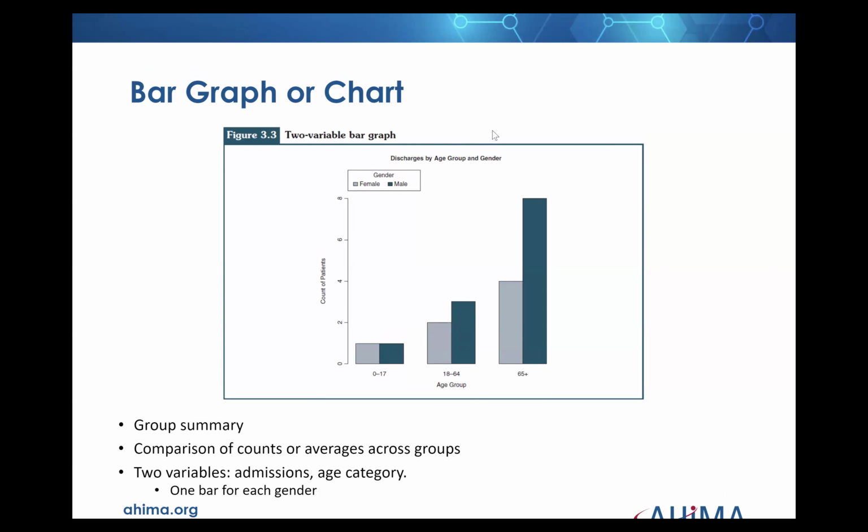And so we have the number of patients age 65 and up, 18 to 64, and 0 to 17. So this is basically a way of categorizing these things and then putting them into a visual display that gives us some numbers with two variables, admissions and age category.